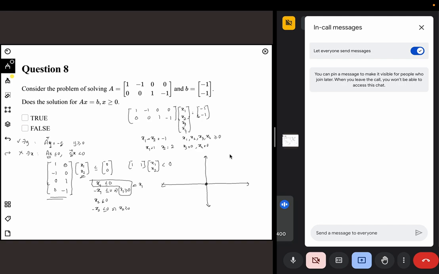That should imply x1 equal to 0 and x2 equal to 0. If both are 0, then any line has to pass through the origin, and it will be only this point, no other point. But we strictly said it should be less than 0. So x does not exist. If x does not exist, then y should exist for sure. You don't even have to solve anything. Without even solving, we can say that y will exist, so a solution will exist for this problem.